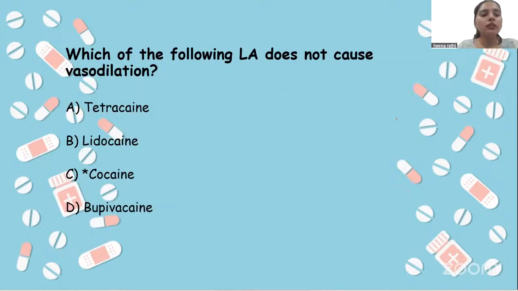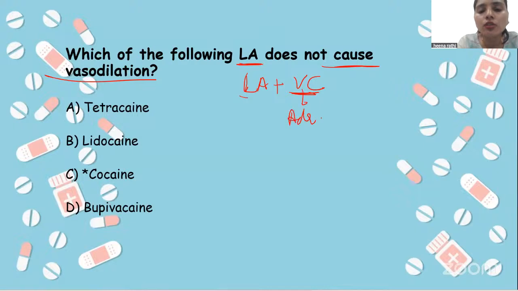Which of the following local anesthetics does not cause vasodilation? Most of the LAs are vasodilators. That is why we use vasoconstrictors with the LA. We are going to add a vasoconstrictor with the LA. The vasoconstrictor which we add is adrenaline, because the LA itself is a vasodilator.